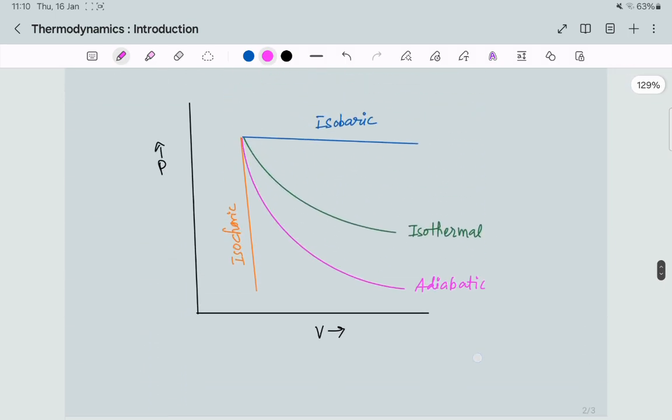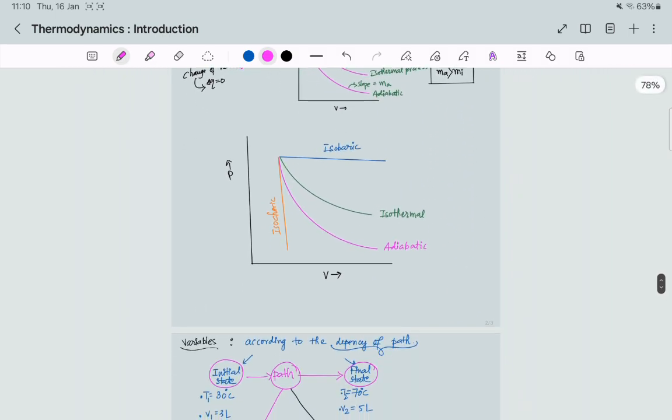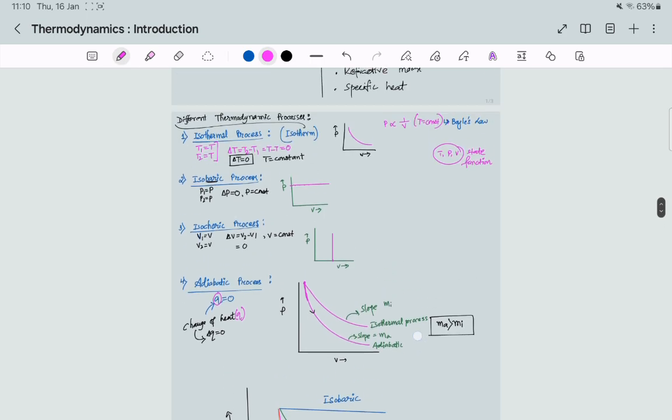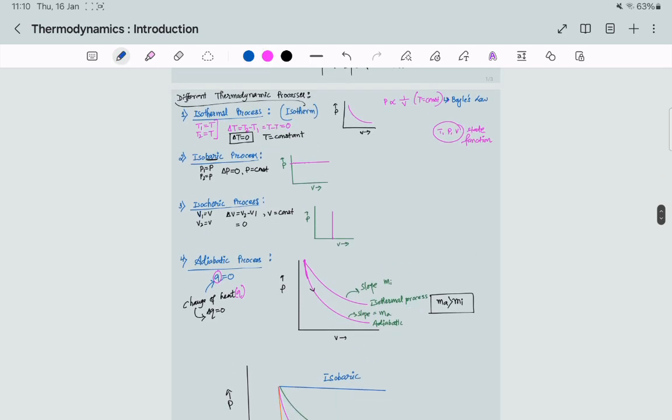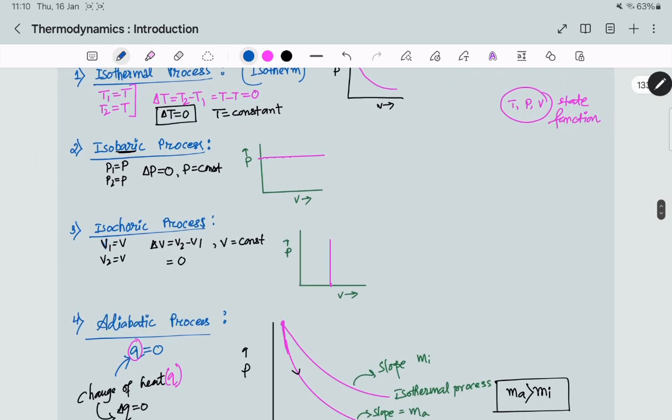Okay. Now the fifth one, which is very easy also. Yes, we left one, that is cyclic process. Simple. In cyclic process, we are changing pressure and volume.